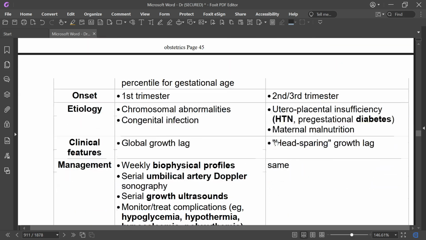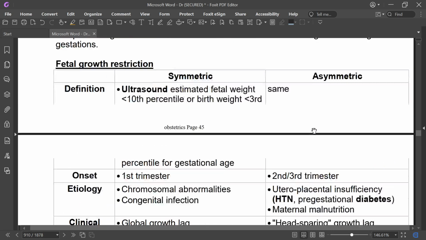Clinical feature is global growth lag for symmetric, and head-sparing growth lag for asymmetric.